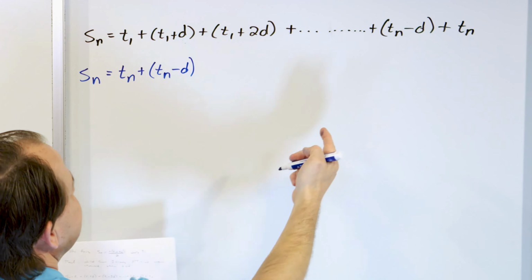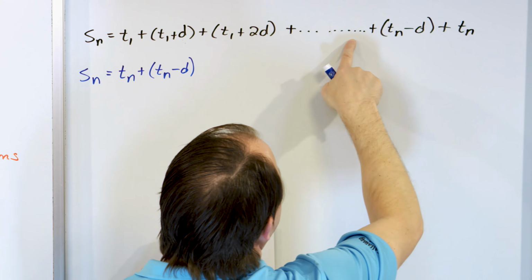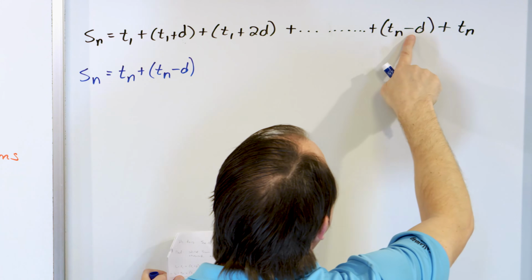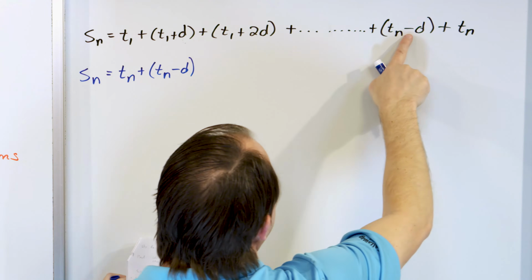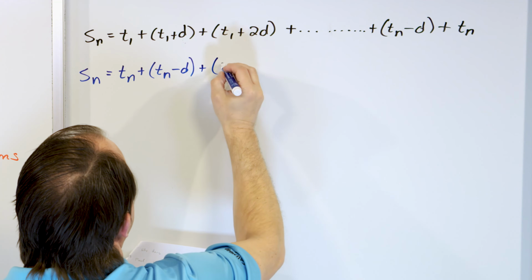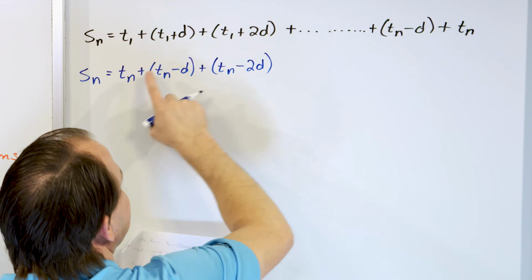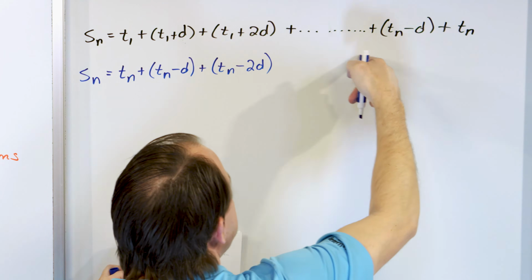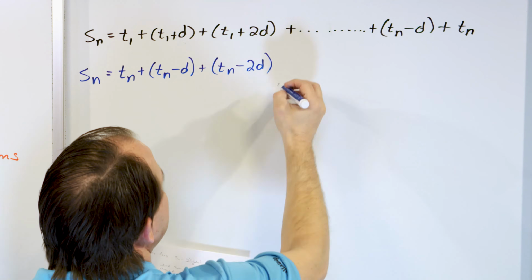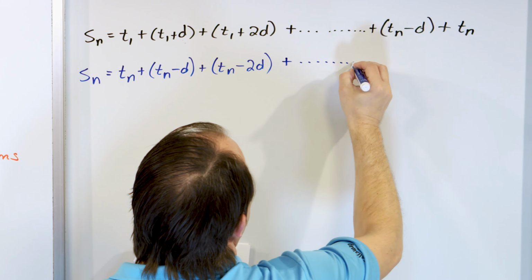And then if I were to continue going backwards again, what would be the term right before this? It would be tn minus 2d. Just like there's a plus, here's a minus. So it's going to be t sub n minus 2d, like this. So starting from the end, it's minus d and then minus d again. And then I'm going to put some dots, like this.